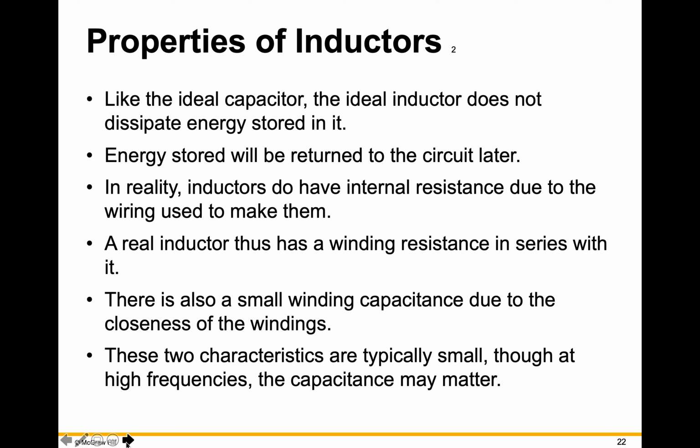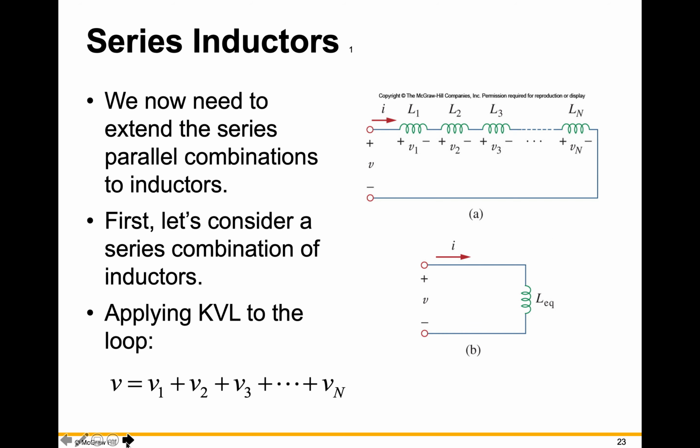When currents get very large, the winding resistance can make a significant difference. So these ideal properties of both inductors and capacitors can be applied under most normal operating conditions. But when you try to push the limits of the physical world, these non-ideal effects can become significant.